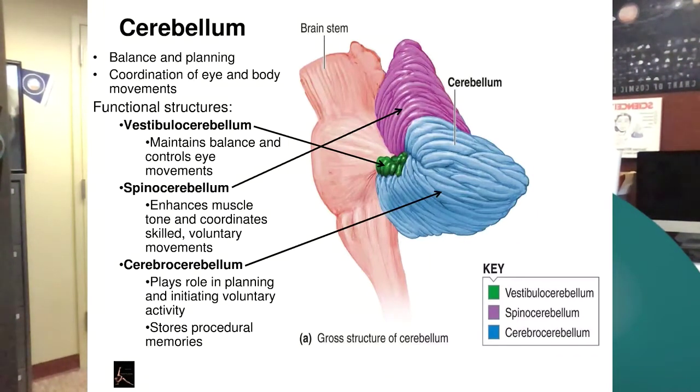So movements of your shoulder, your elbow, wrist joints, they must be synchronized just to even pick up a pencil and write. Okay, so all of those movements must be synchronized, and that's the spinocerebellum doing that. Now, yes, that's a voluntary movement, and you're thinking, what about motor cortex? Yes, so that information is also being initiated by the motor cortex, but it's the cerebellum that is fine-tuning it for you. Okay.